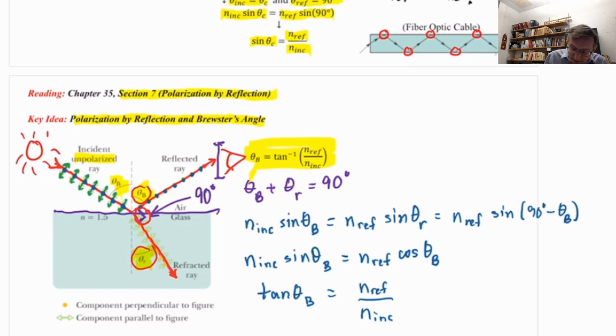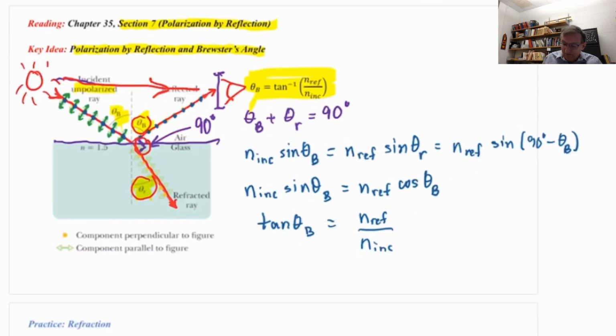And of course, you can have direct sunlight coming in to your eyes from the sun, so that gets through, at least part of it does. But none of that reflected ray gets through your sunglasses. And so it reduces the glare that you would see on such a sunny day. And that's commonly the way sunglasses are used.